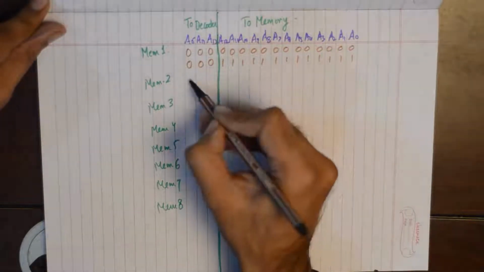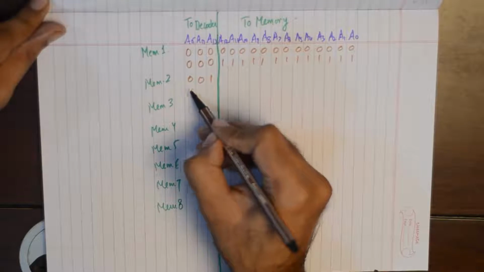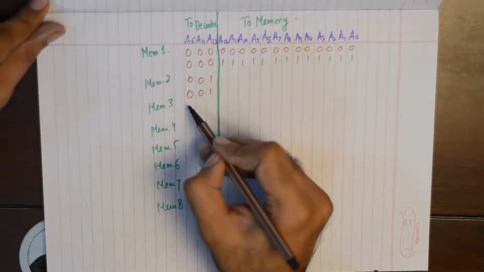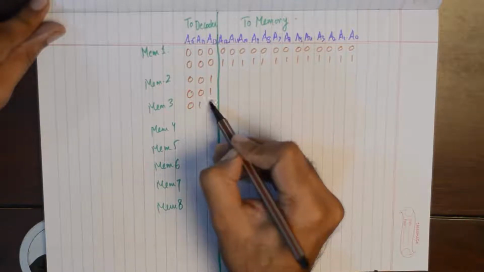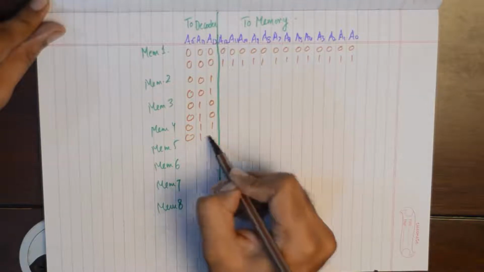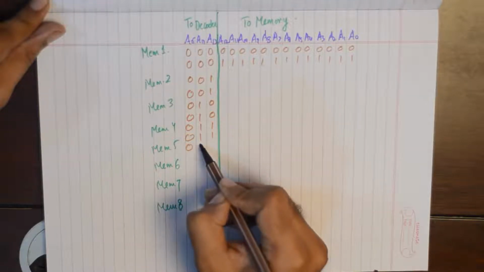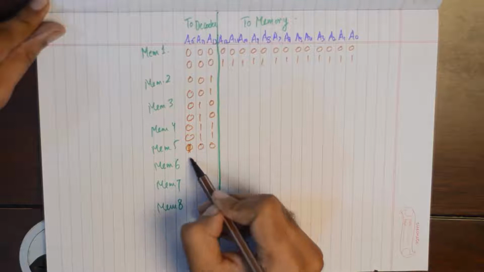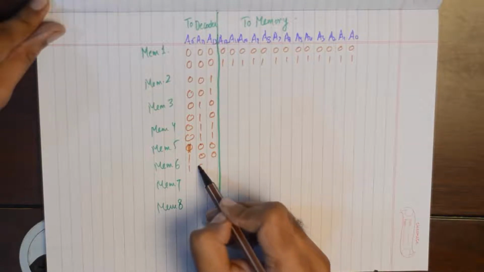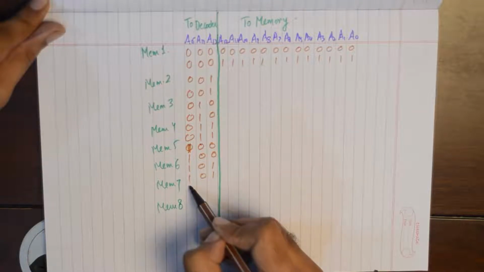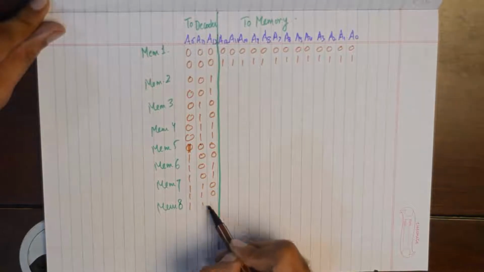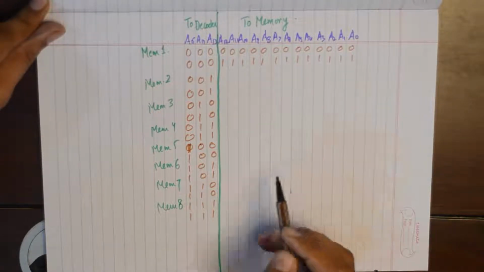Memory 2 will be selected when a 1 is given on the 13, 14, 15 lines. 3 is selected when 2 is given. 4 is selected when 3 is given. 5 is selected when 4 is given. 6 is selected for 5. 7 is selected for 6 and 8 is selected for 7.